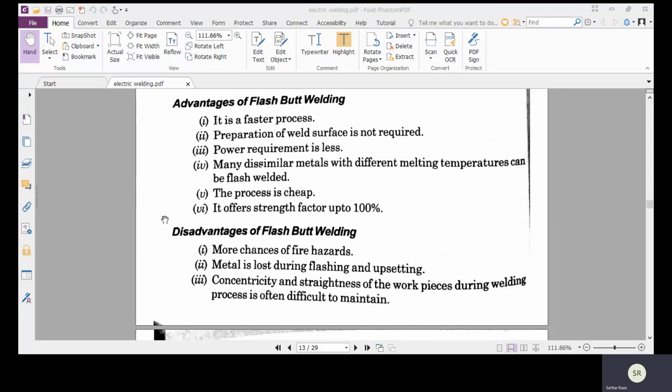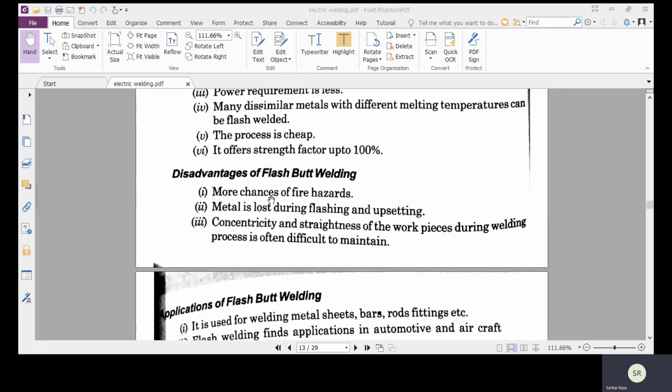The disadvantages include more chances of fire hazards, metal is lost during flashing and upsetting, and concentricity and straightness of the workpiece during the welding process is often difficult to maintain.